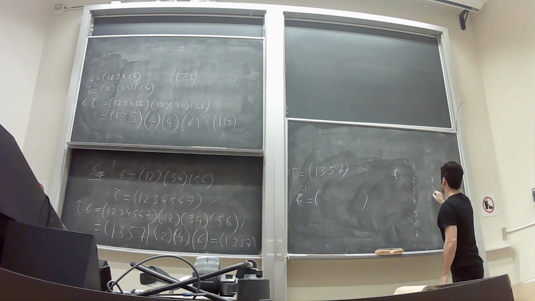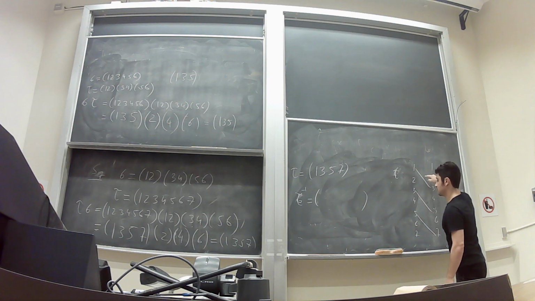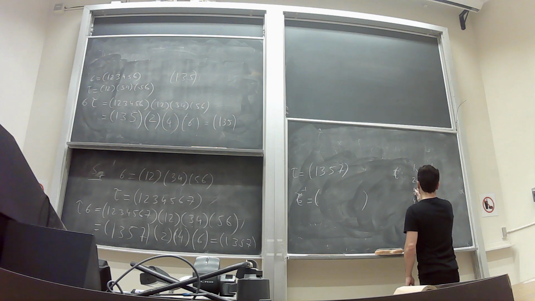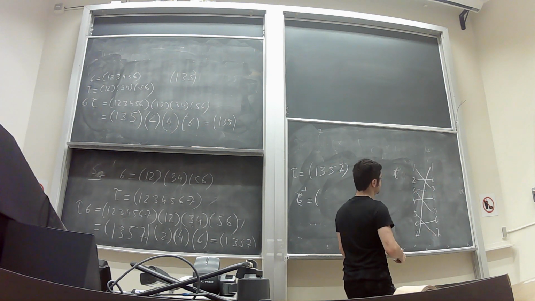Tau is 1, 3, 5, 7. 1 goes to 3, 3 to 5, 5 to 7, and 7 to 1. Okay, and everything else is fixed. Okay, what is tau inverse?